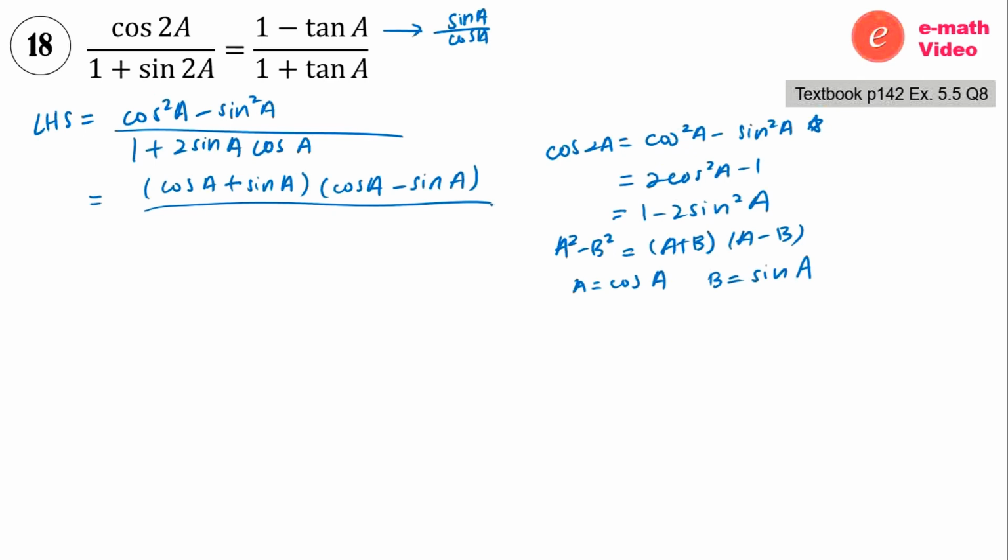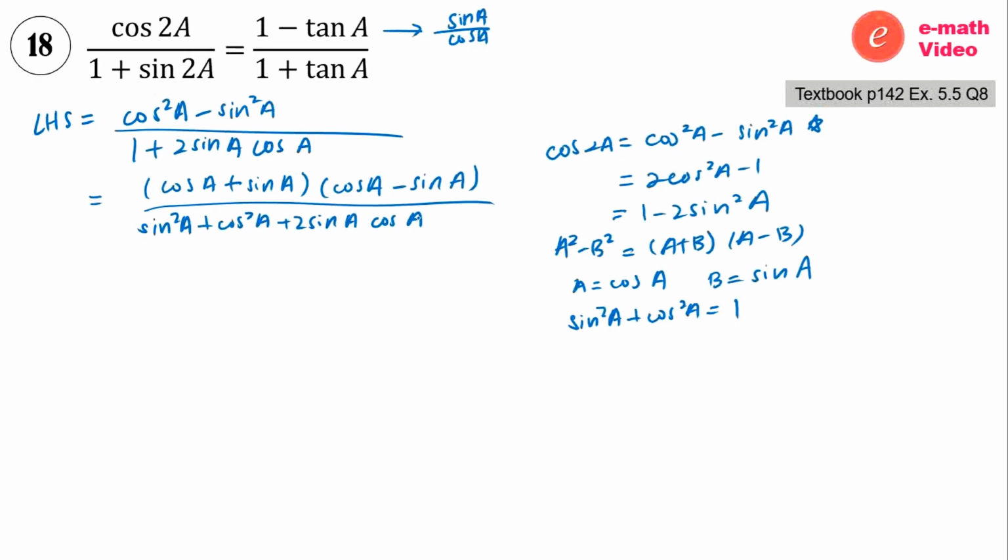So for that one, we will use the basic identity sine square A plus cos square A equals 1. We sub this into the 1: sine square A plus cos square A plus 2 sine A cos A.